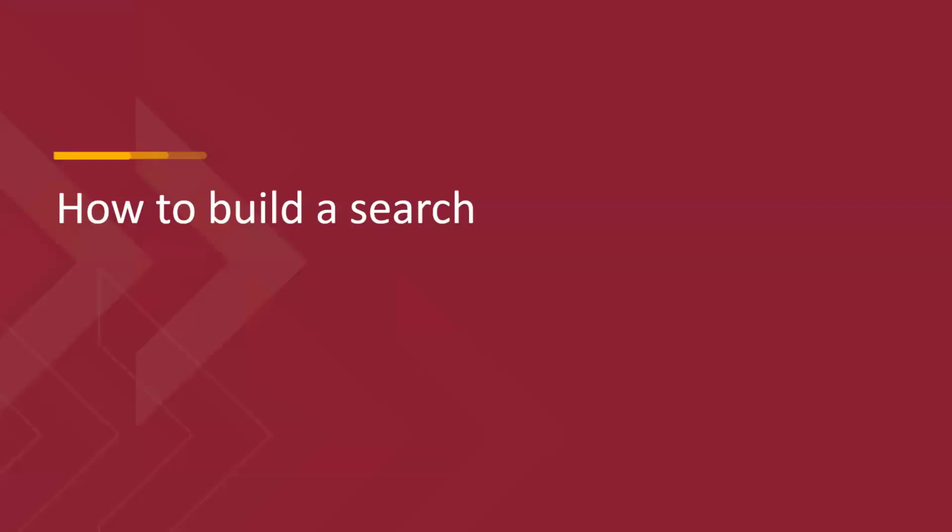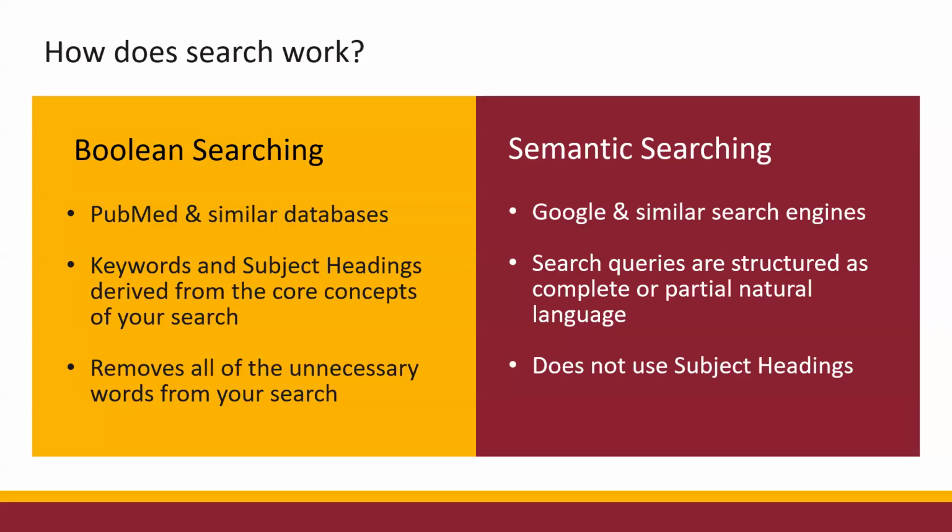We're going to talk about how to best search in PubMed and really get the results that you want. Okay, so first, before we talk about examples, we're going to talk about how search actually works for a minute. We're going to get a little technical.